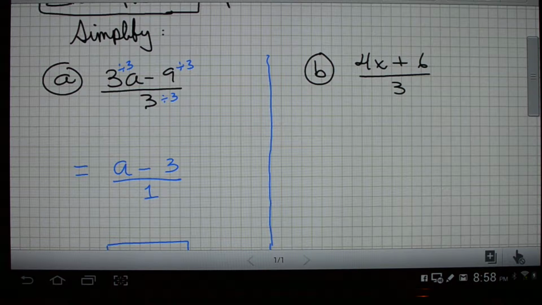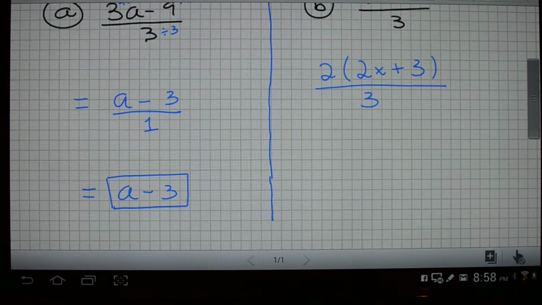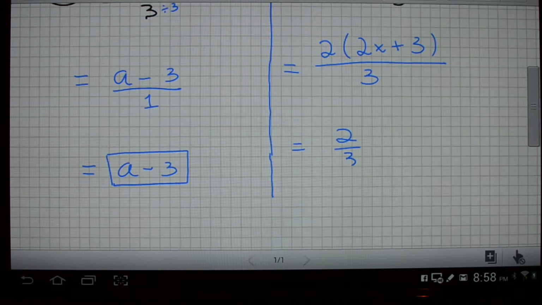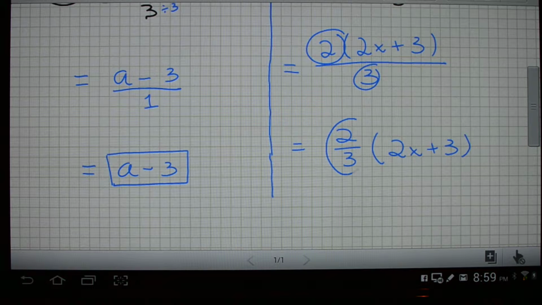Sometimes textbooks will factor off a 2 on top and write this as 2/3 times 2x plus 3. A lot of times you'll see them end up doing it like that. So basically they're pulling this number and this number out to the front.